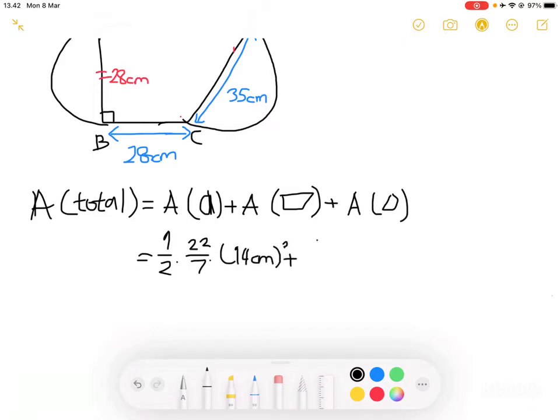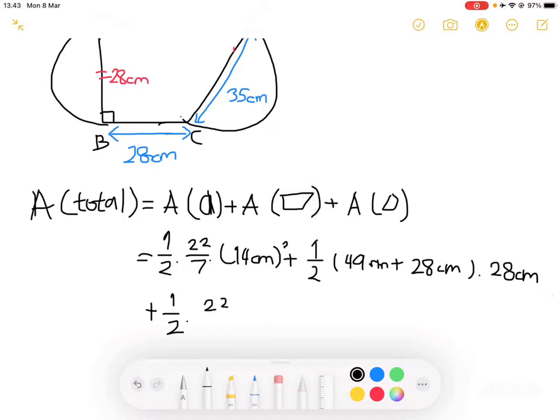plus the area of the trapezium, which is a half times the sum of the parallel lines, which is 49 centimeters and 28 centimeters, multiplied by its height, which is 28 centimeters. And then the area of the semicircle on the right will be a half times 22 over 7 times its radius, which is 35 over 2 centimeters.